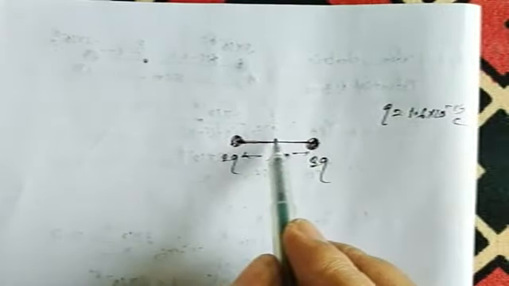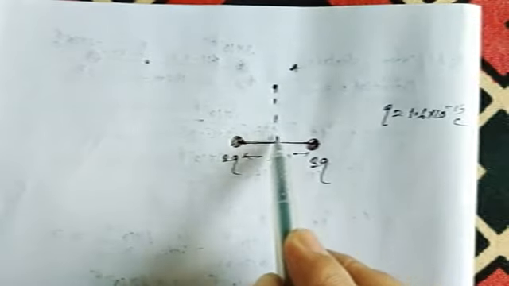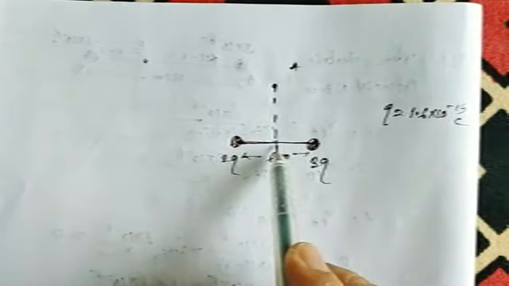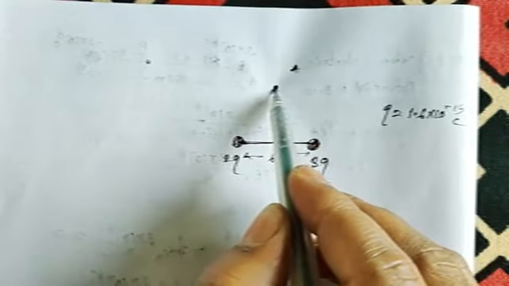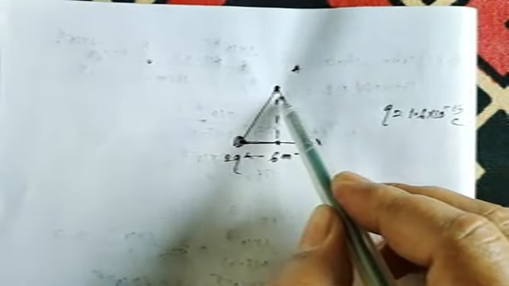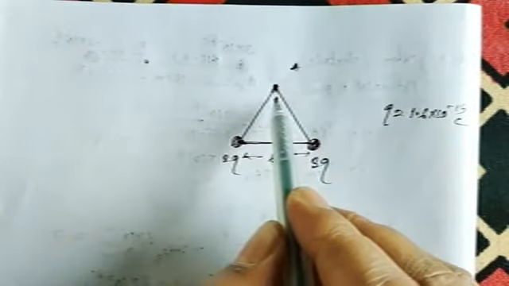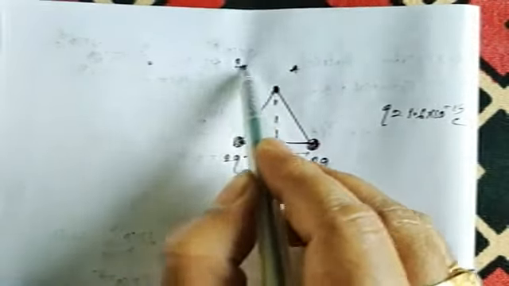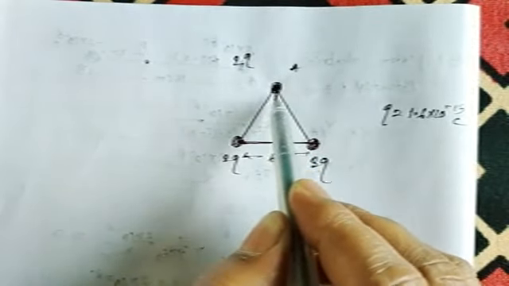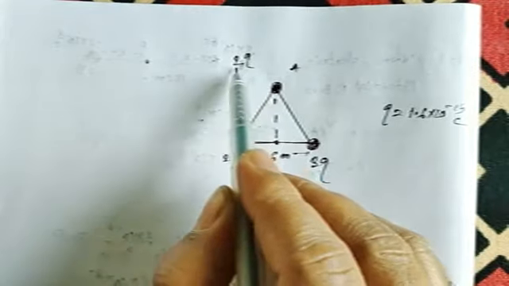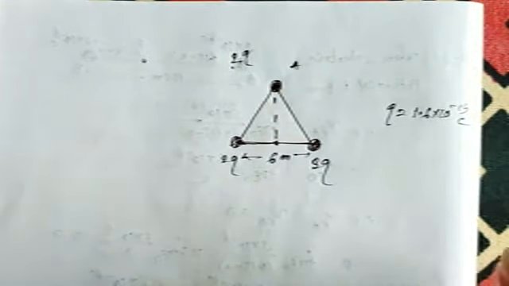Now A is a point which is on the equatorial line of this. Now one wants to put a 2Q charge at this point, then how much work is required to put this 2Q charge at the point A? How to solve this problem?